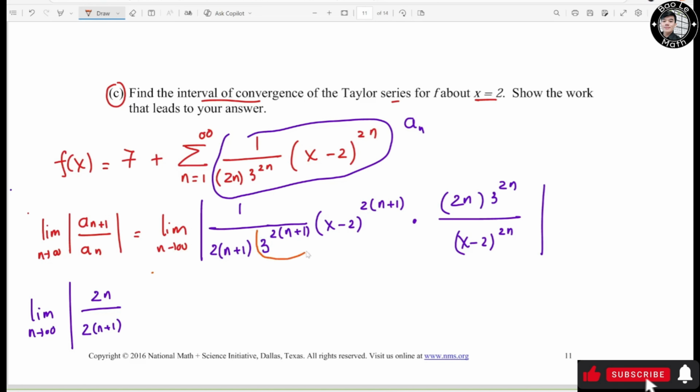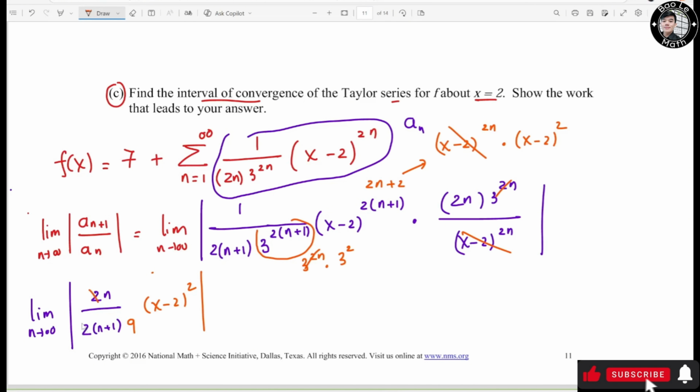Now this one right here is actually 3 raised to the 2n times 3 squared, so this and this cancel out. We have 3 squared on the bottom, which is 9. And this one right here is actually 2n plus 2, so we can rewrite this as (x minus 2) raised to the 2n times (x minus 2) squared. This cancels out, so we have (x minus 2) squared.